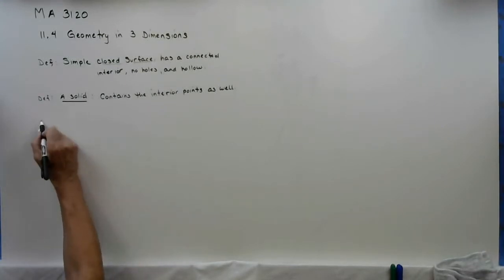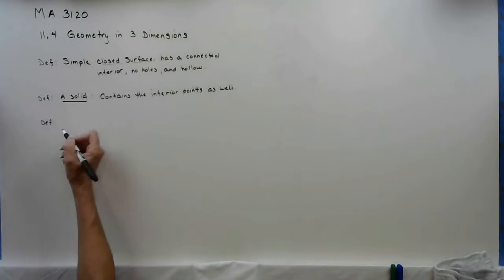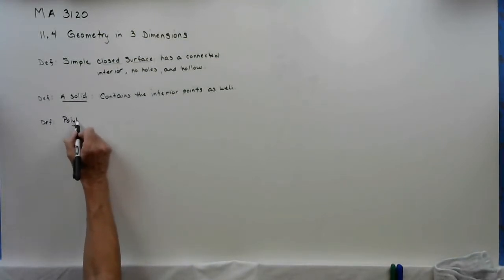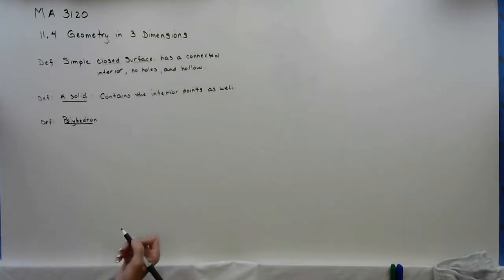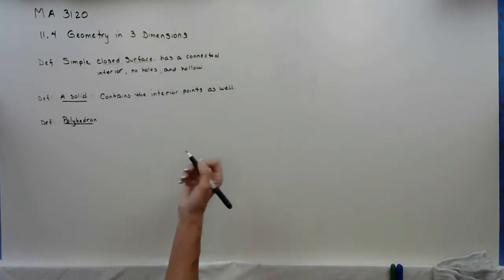So here's a term that we will be using a lot, and it's called a polyhedron. A polyhedron is a simple closed surface made up of polygons or faces.